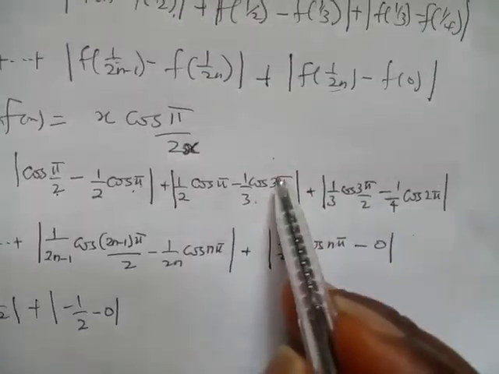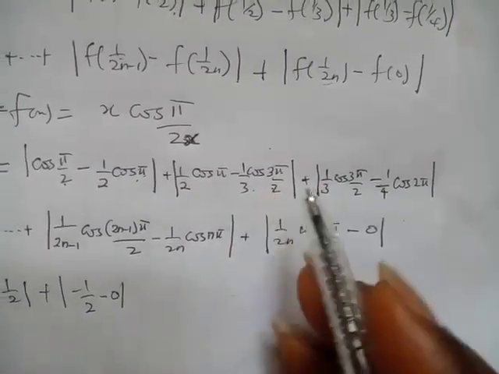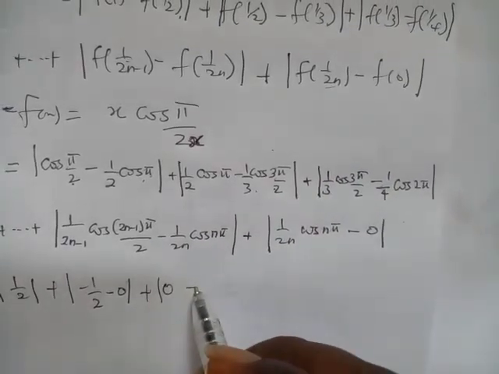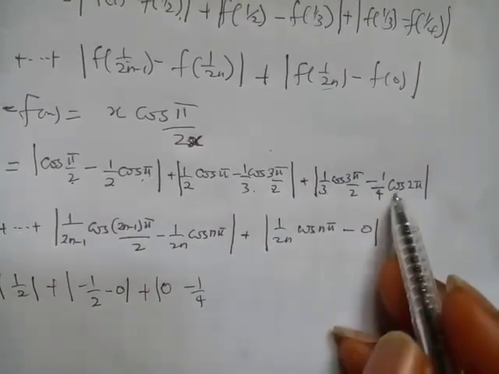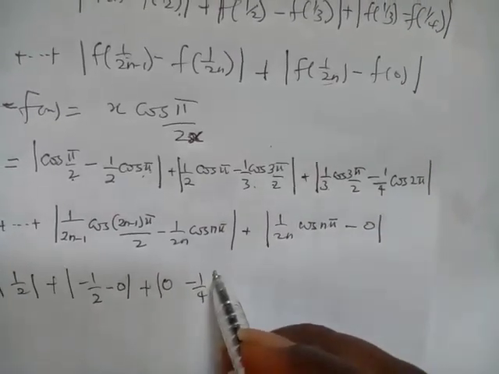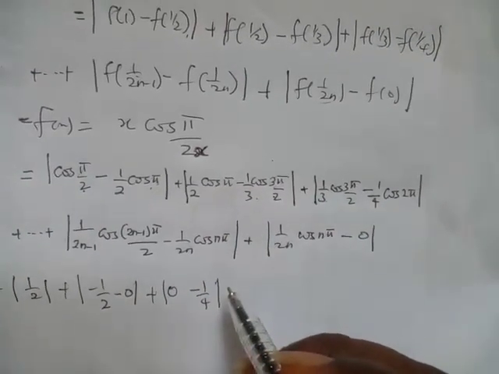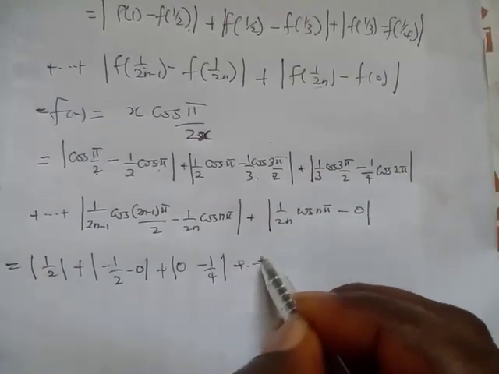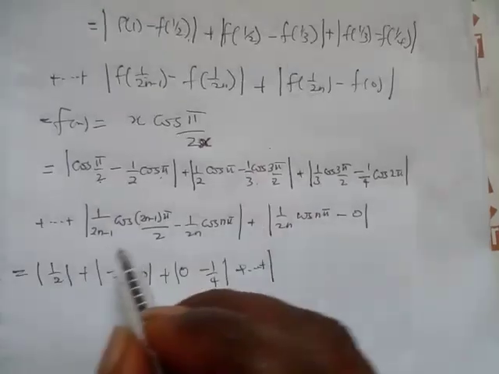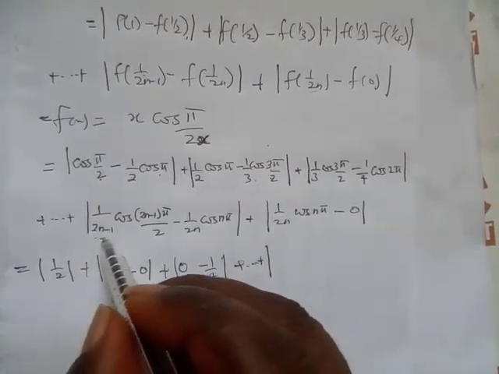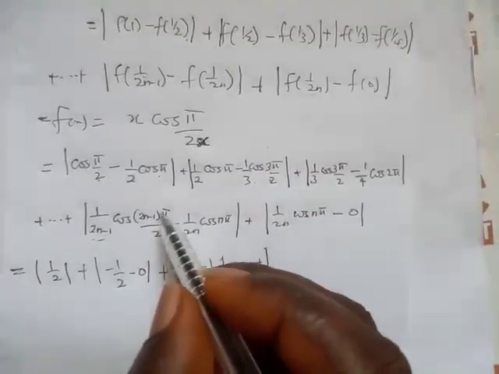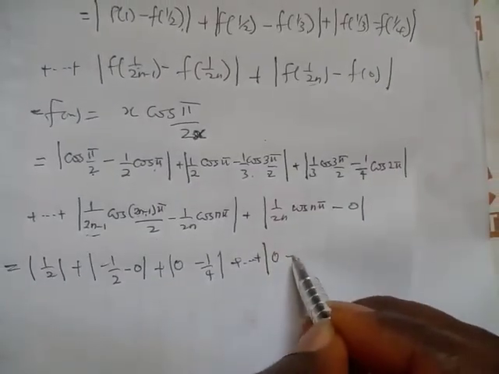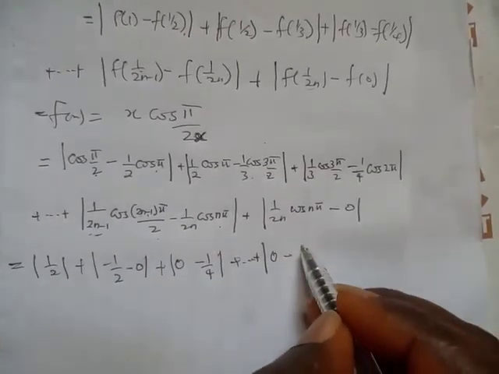This one, cos 3 pi over 2, you can see, is 0. Plus, this one too is 0. Minus 1 over 4. This is minus 1 raised to power 2, which is still 1. So it will be going like that until it gets to n pi over 2; 2n minus 1 is an odd number, so this will just be 0, minus cos n pi, which is minus 1 raised to power n.